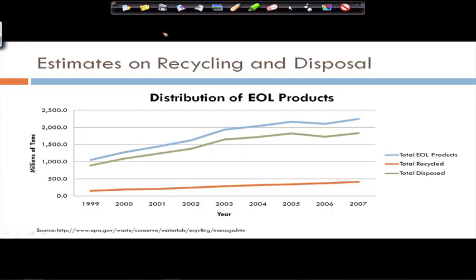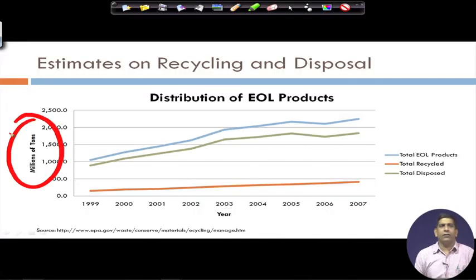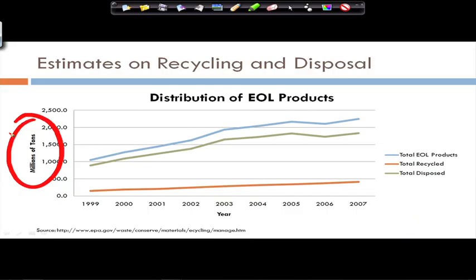Now things are becoming lighter, your cell phones are becoming lighter, so the numbers will get affected too. In your million tons, you may have more items now, but total weight will be less. That's the impact of the change in the way the product is made and its composition, since more and more plastics are being used.